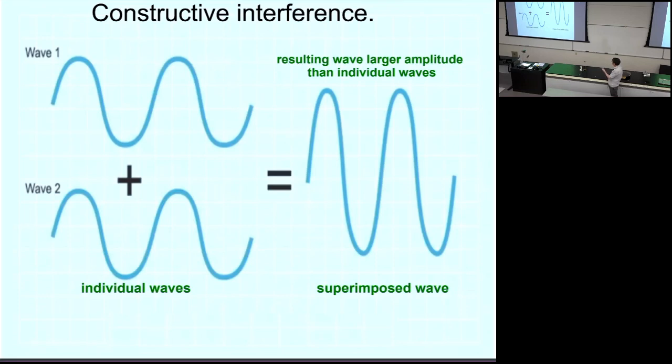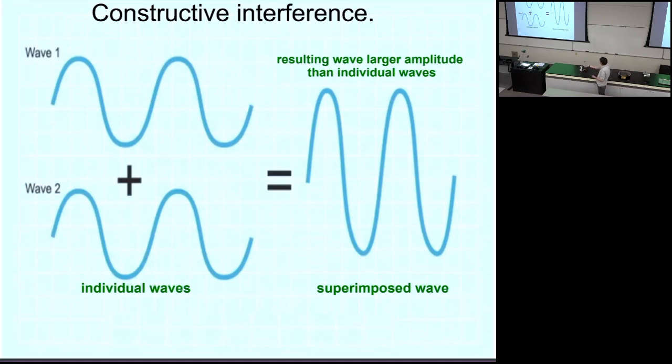So this crest here and this crest here combine together to make this bigger crest here. This trough and this trough combine together to make this deeper trough here. That's constructive interference of these two individual waves to make a resulting wave that has a larger amplitude.